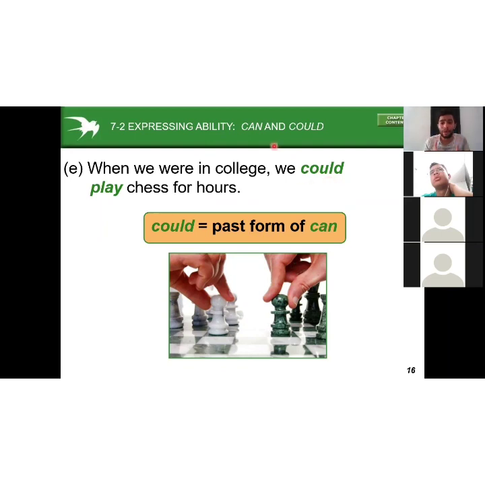I repeat, when we speak about ability. If we are speaking about something different, then could is more formal, but we are going to get there in some time. So far, could is the past of can, and we use it for the past simple.